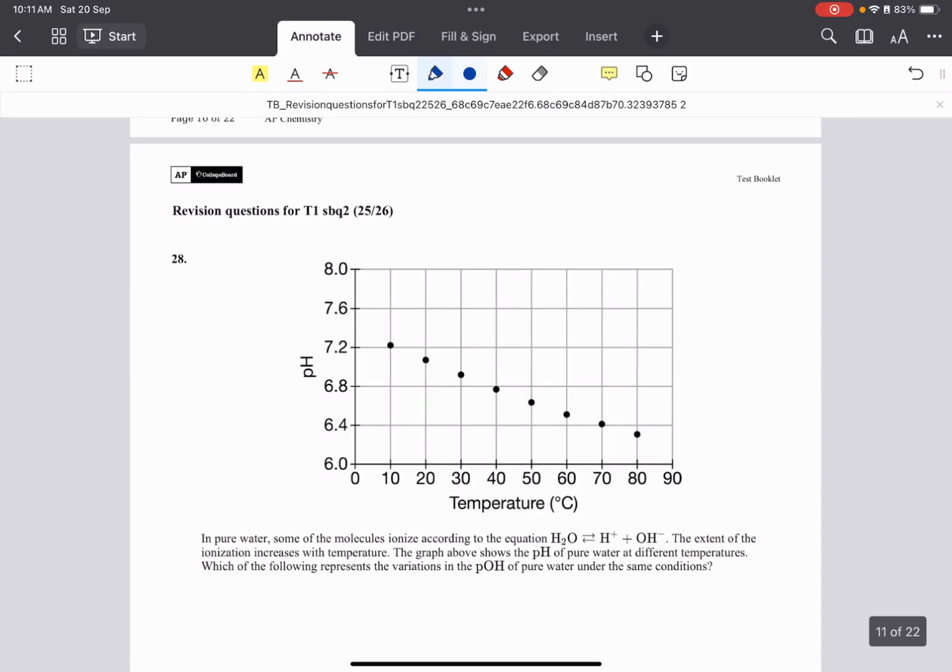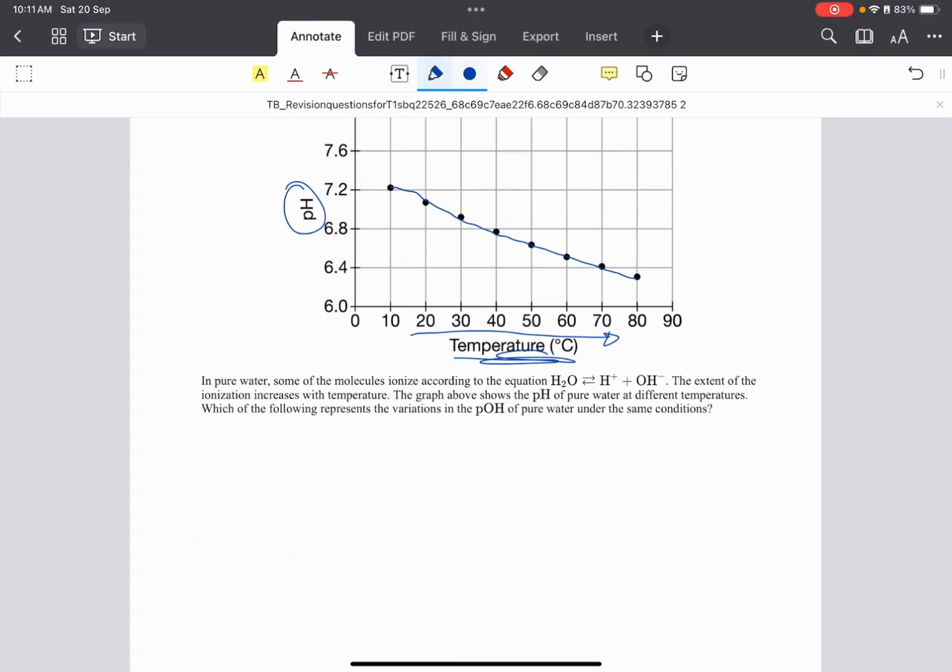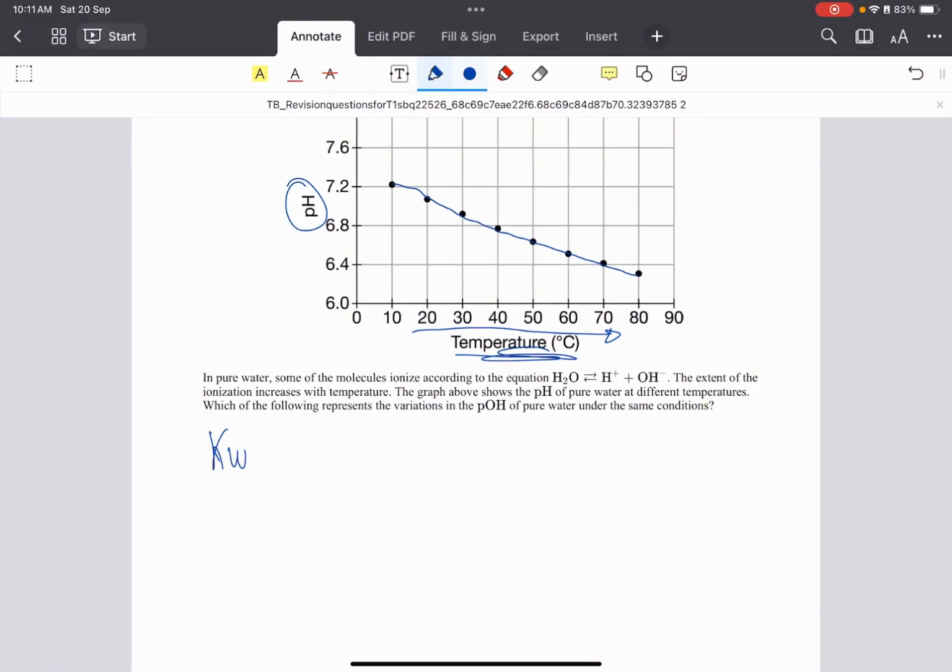Next question. So here I have a graph of pH decreasing as the temperature increases. As the temperature increases, Kw increases, and the concentration of H plus and OH minus will always remain the same. pH and pOH will always remain equal, but they will be higher.